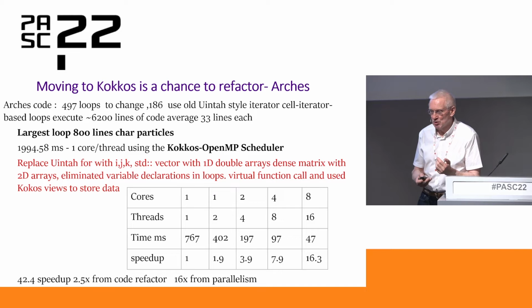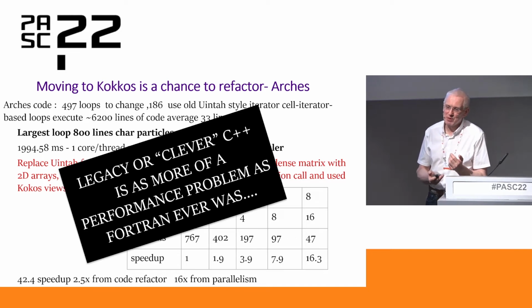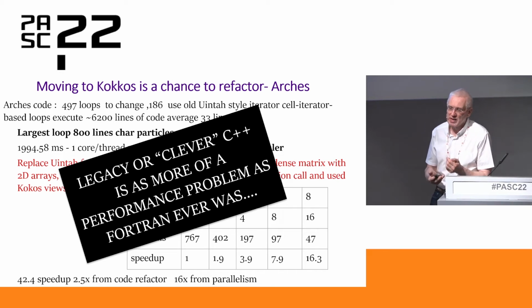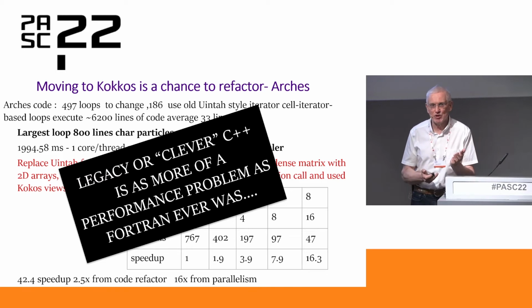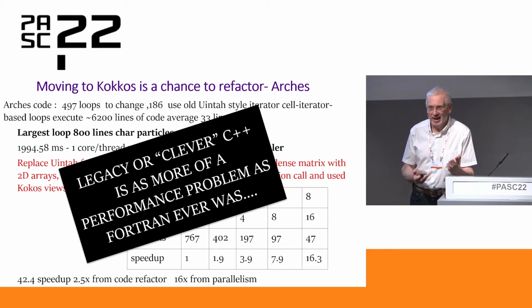But to put it bluntly, legacy or clever C++ is more of a performance problem than Fortran ever was. With Fortran, all you got was spaghetti code. Now you've got code that's impossible to debug with some of the things that people do, and we've seen this, and it's a problem. And I know it's a problem at the labs too.